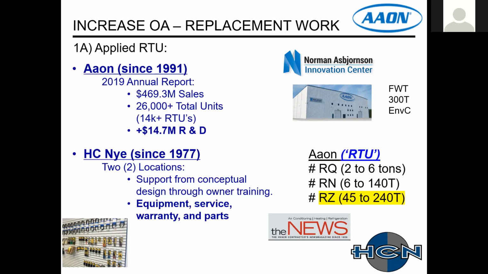In the past couple months, they've introduced the replacement for that. It goes from 45 to 240 tons. There was an article in one of the trade publications, the News, a few weeks ago on that. And just a teaser, eventually in the spring or so, I'll put together a lunch and learn similar to this about the benefits of using large package rooftop units.